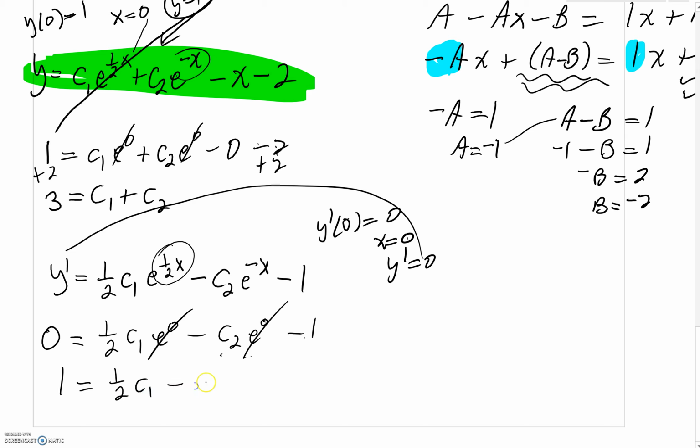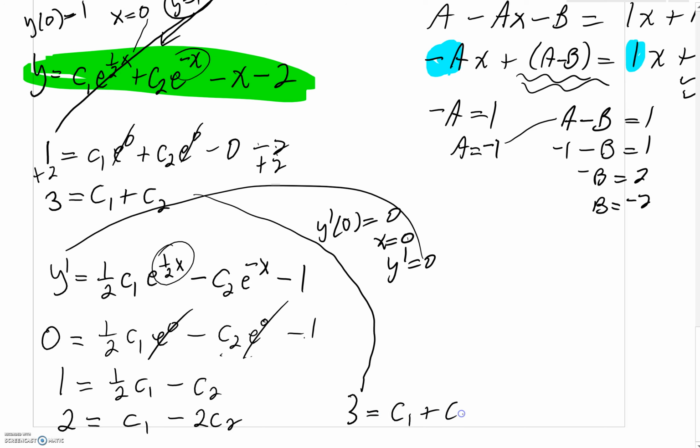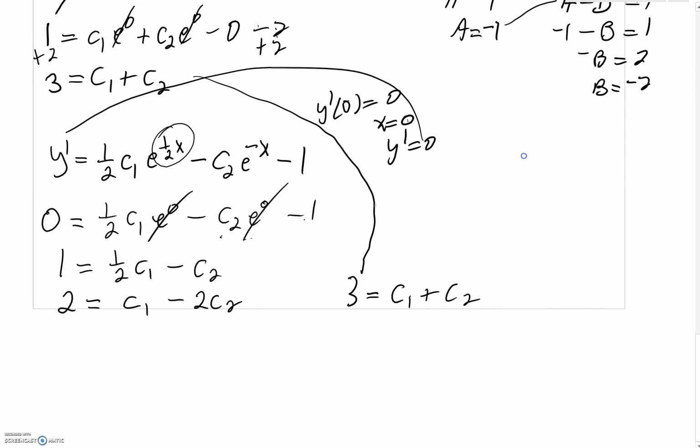And I personally don't like to see these fractions, so I'm going to multiply everything by a 2. Okay? And then over here, we're going to have our 3 equals c sub 1 plus c sub 2. And tell you what, I'm going to multiply this 3 equals c sub 1 plus c sub 2 by a -1.